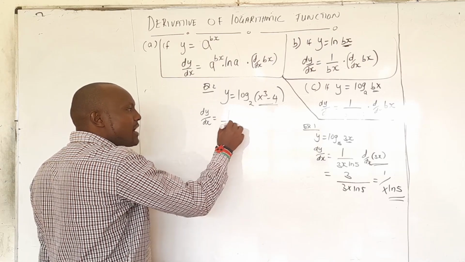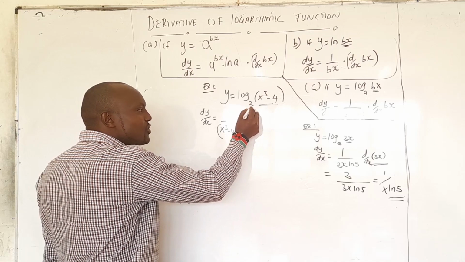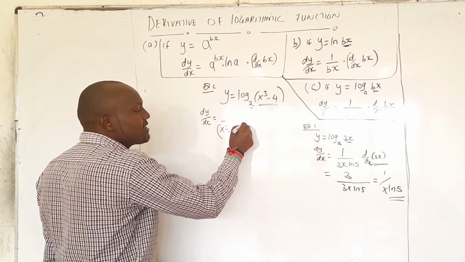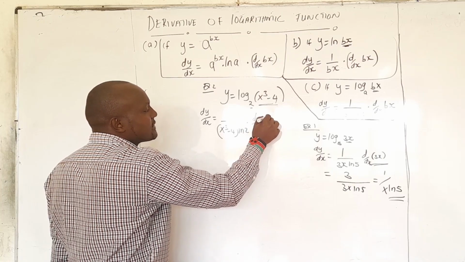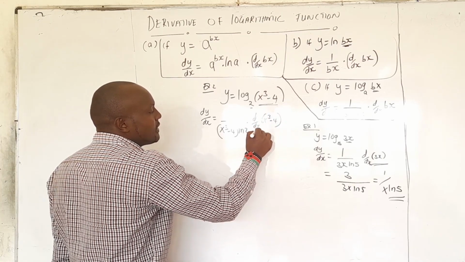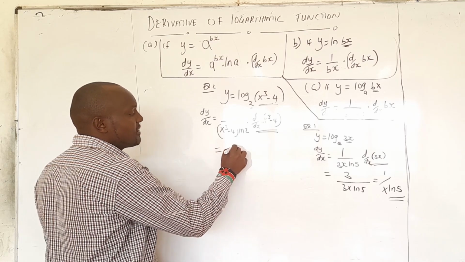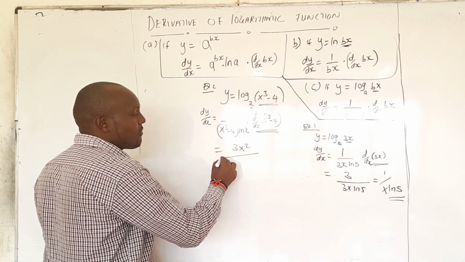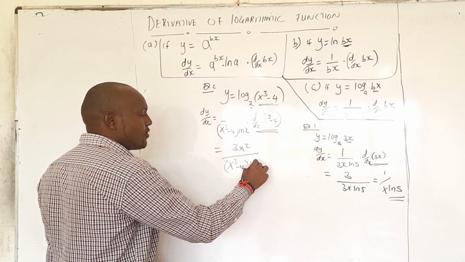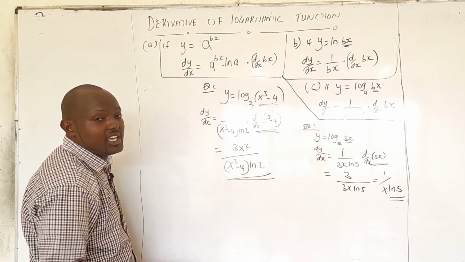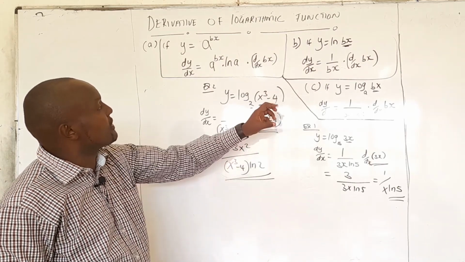It will be 1 over x cubed minus 4, then you add natural logarithm of base 2, natural logarithm of 2, then times the derivative of x cubed minus 4. When you differentiate that, you get 3x squared. So you have 3x squared all over x cubed minus 4 natural log of 2. And that's how we differentiate the logarithm.